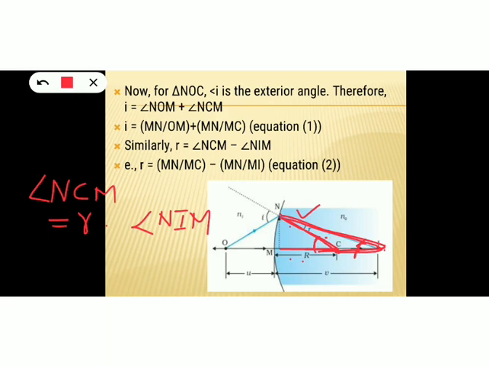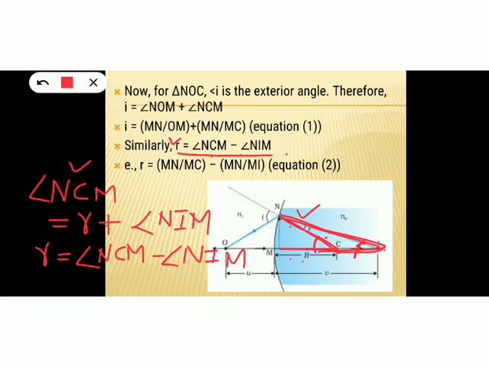So angle NCM is the exterior angle, and that exterior angle will be equal to the sum of two interior angles R and NIM. From this, what will be R? R is equal to angle NCM minus angle NIM, isn't it? So that is what is written here. R is equal to angle NCM minus angle NIM.